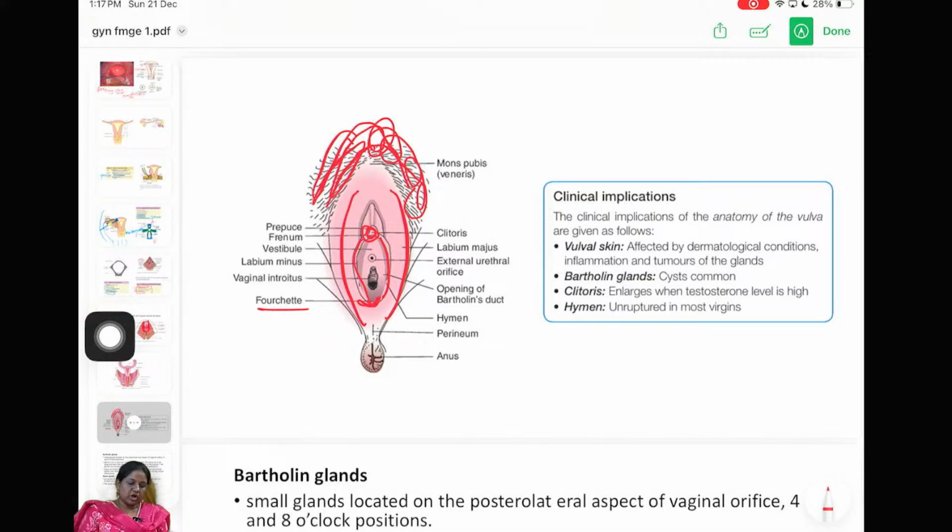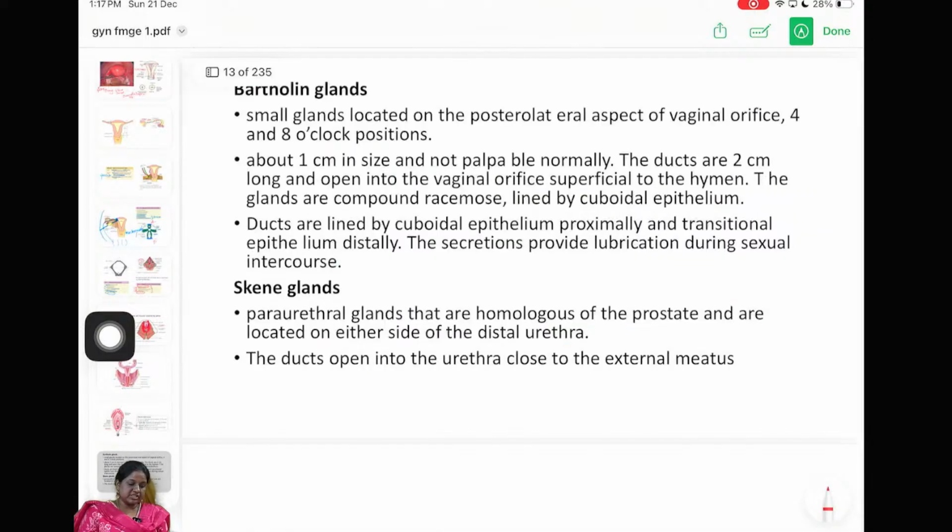Now we have two glands, that is Bartholin glands and Skene's glands. Bartholin glands are the most common glands which can produce cysts. Bartholin glands are racemose type glands which are found within the labial tissue, at the 4 o'clock and 8 o'clock positions.